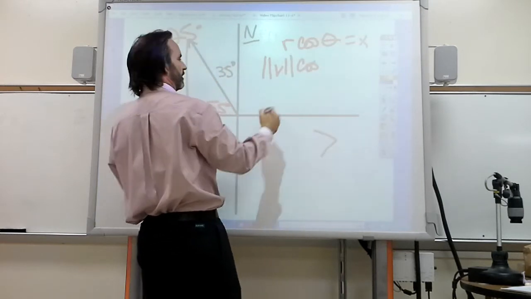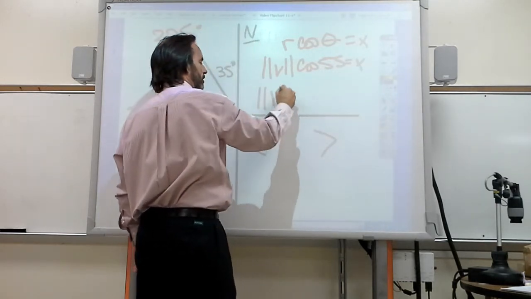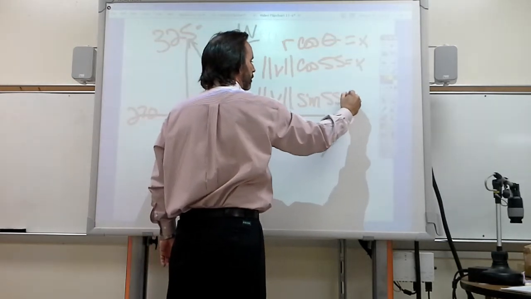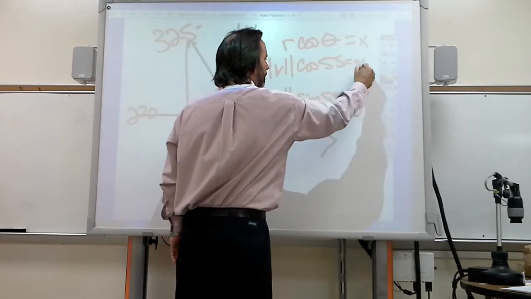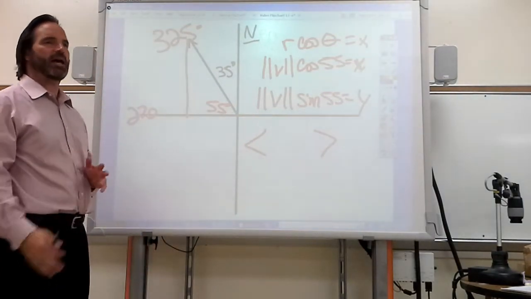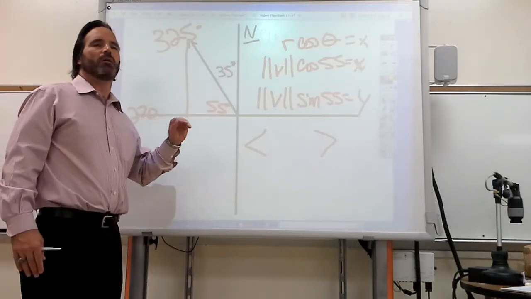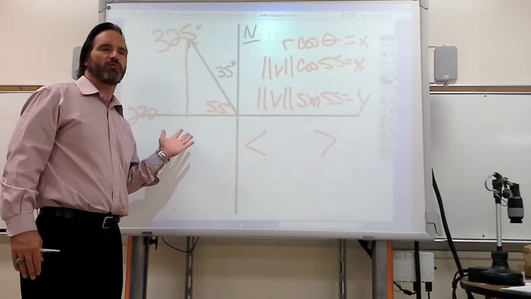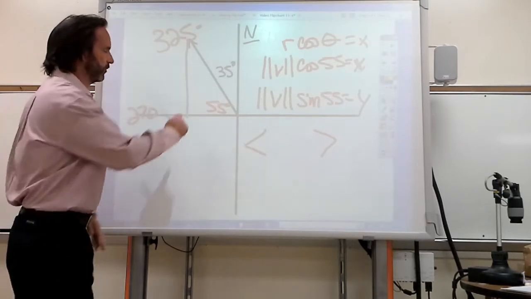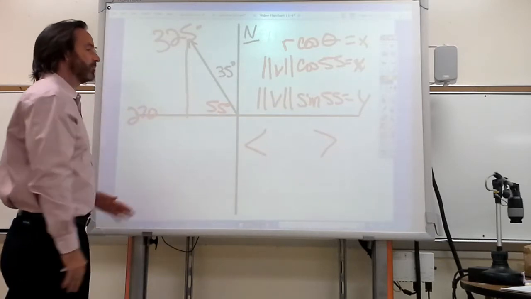Cosine, in this case, let's say of 55 equals x, and then magnitude sine theta, let's say of 55 equals y. Okay? The whole thing is just being able to break it down and knowing that this is 360 and you're flying 35 degrees west of north, that'd be 325 heading. And you know that's 55 degrees from this x-axis, or the east-west axis, okay? So we can break it down and solve.